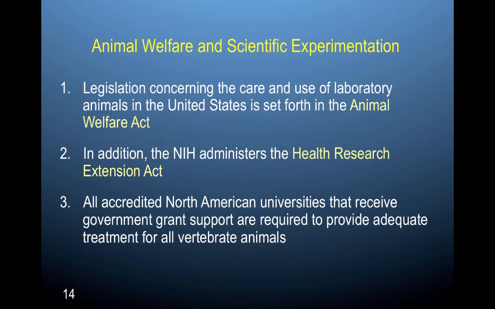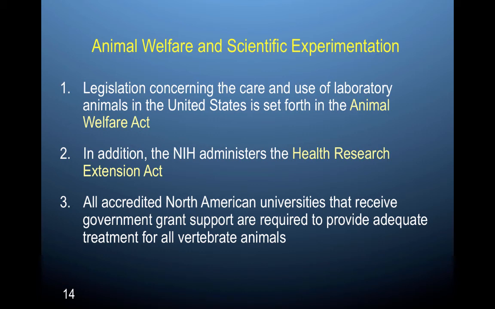For our final content for Chapter 7, there are a number of animal welfare acts that are set in place concerning the care and use of laboratory animals in the United States. This is set forth in the Animal Welfare Act. We also, in addition, have the Health Research Extension Act, which is administered by the NIH, the National Institutes of Health.